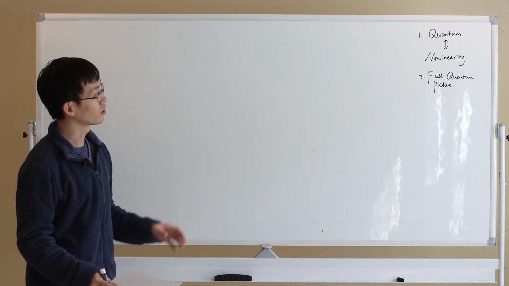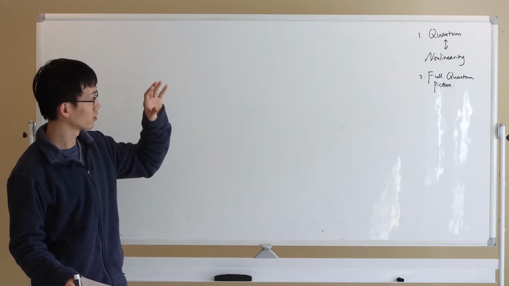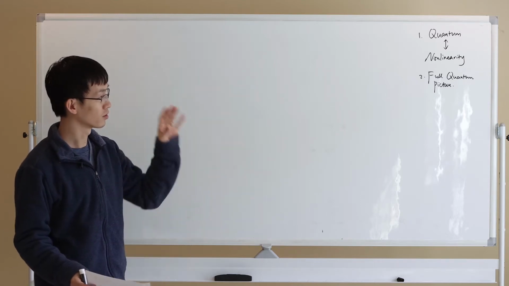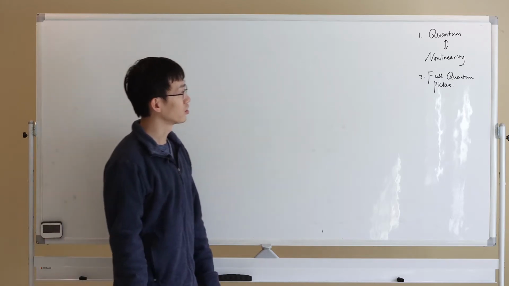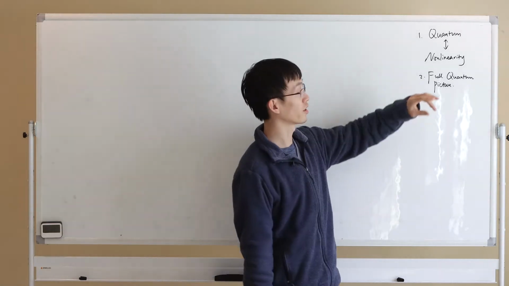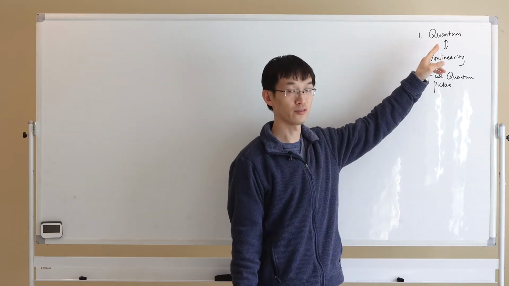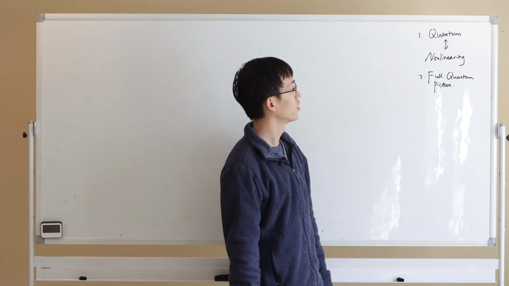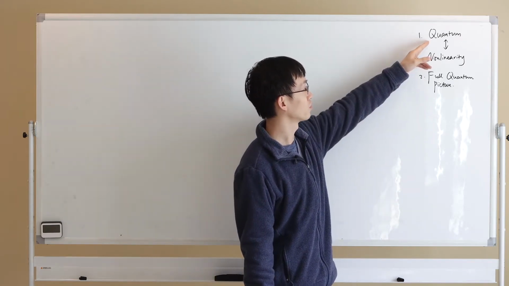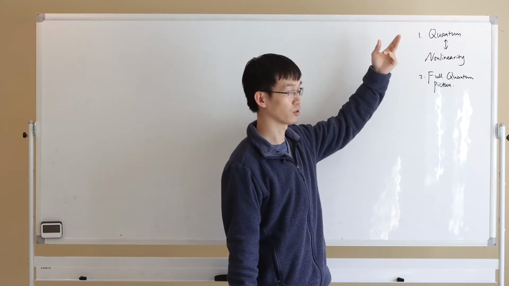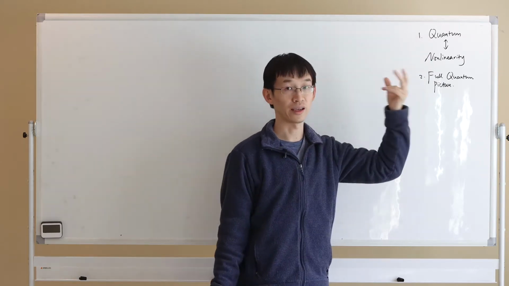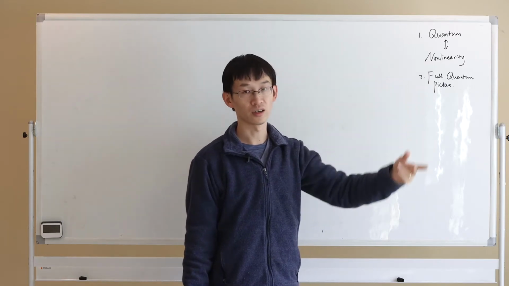Okay, so the last section of this class, I really wish we had more time to talk about this, is that we will try to build a connection between the quantization of light, which we briefly discussed in the past 3 videos, using creation and annihilation operators, and the nonlinearity we talked about for the entire semester.